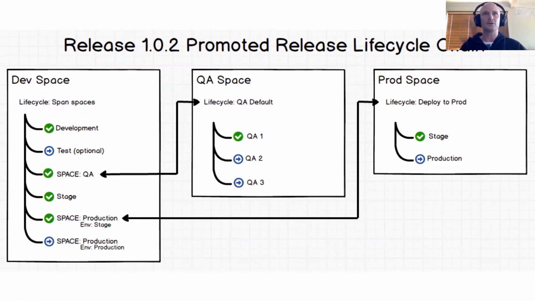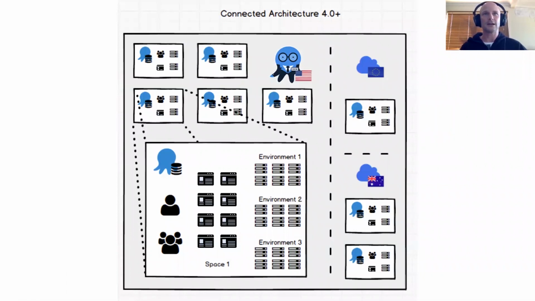So Octopus 4, we've been talking about, and we could see scenarios like this, all managed by ODCM, the Data Center Manager here. This is an example where you might have a big team or a big group of teams, a big organization with multiple spaces in their dev test environment, and they might have all of that hosted in the US on premises, but then they reach out to the public cloud in Europe and Australia to deploy to production environments.